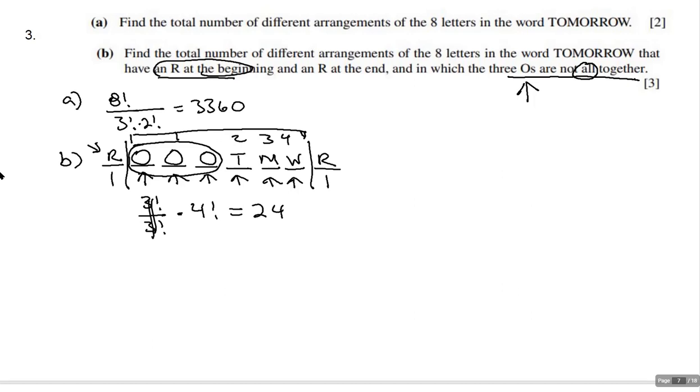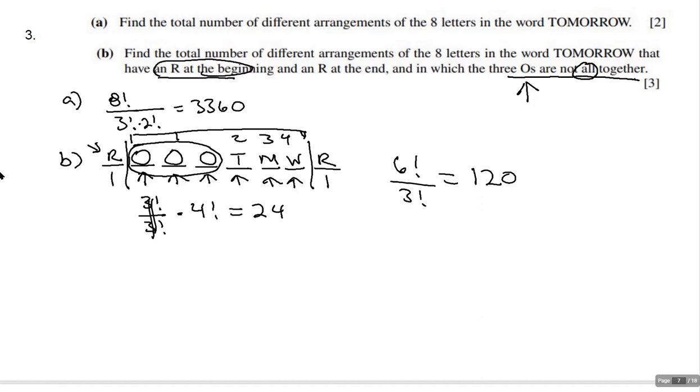Now how many things do I have, Alexa? 6. And 6 factorial, because I'm arranging all of them. How many of them are duplicates? 3. 3 factorial. How many different ways can OOOTMW be arranged? 120.